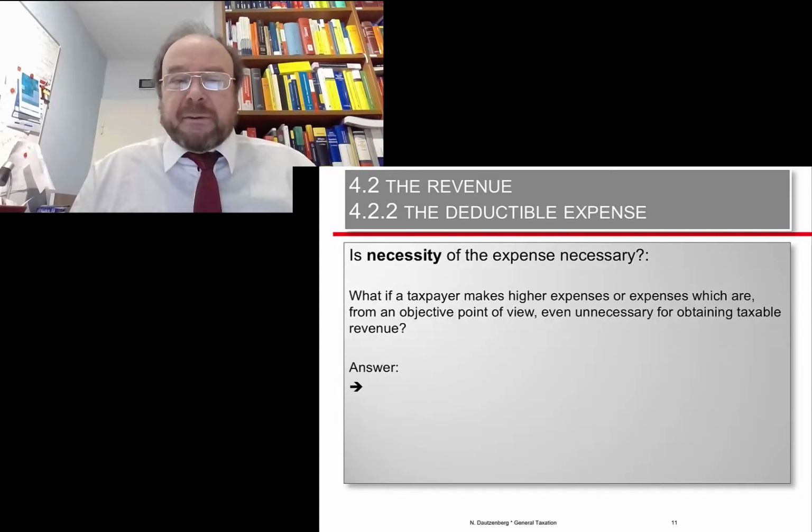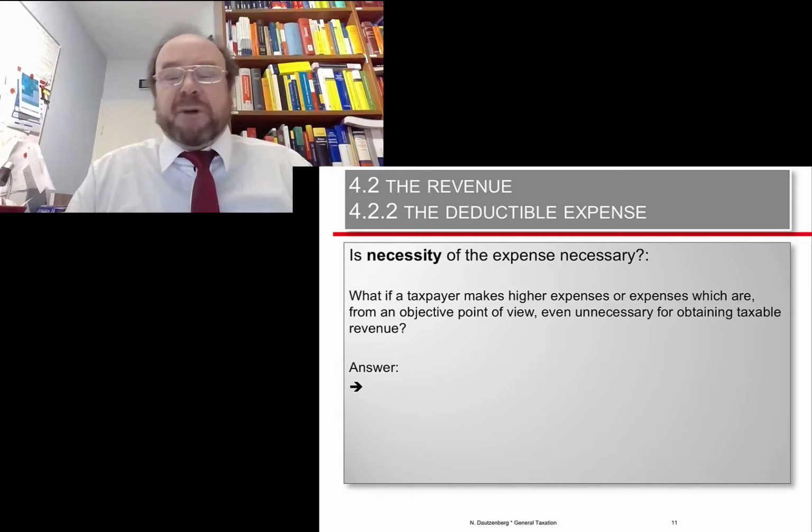So, is necessity required? Can you waste money for income-related purposes? And the answer is, why not? There is no single word about necessity in the basic rule on deductible expenses.